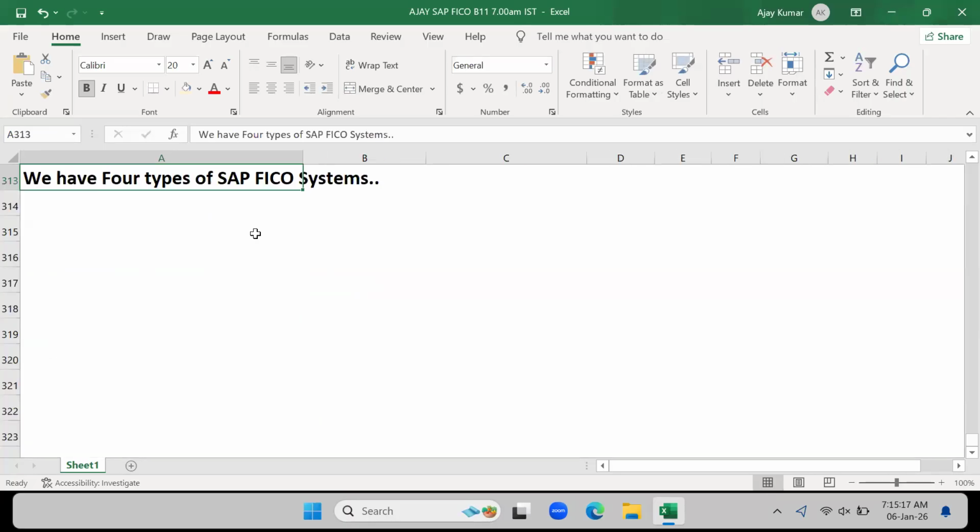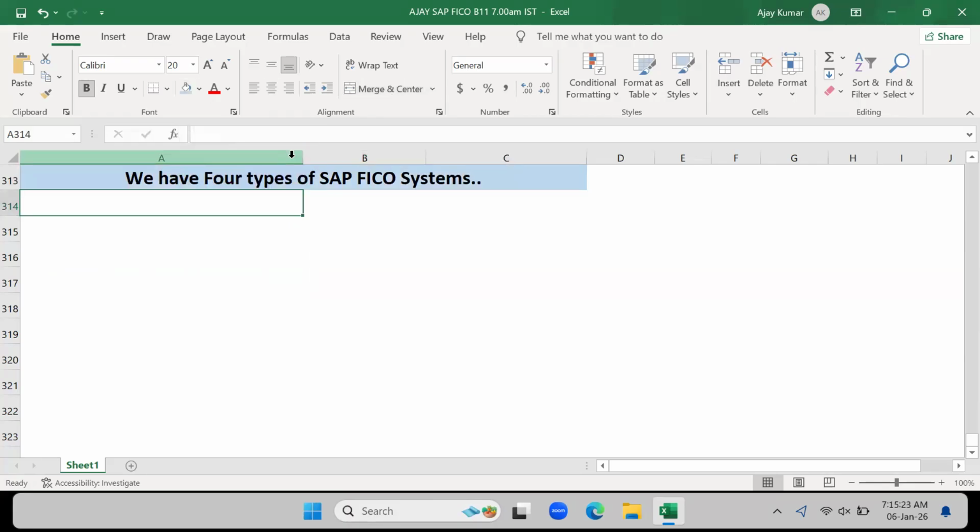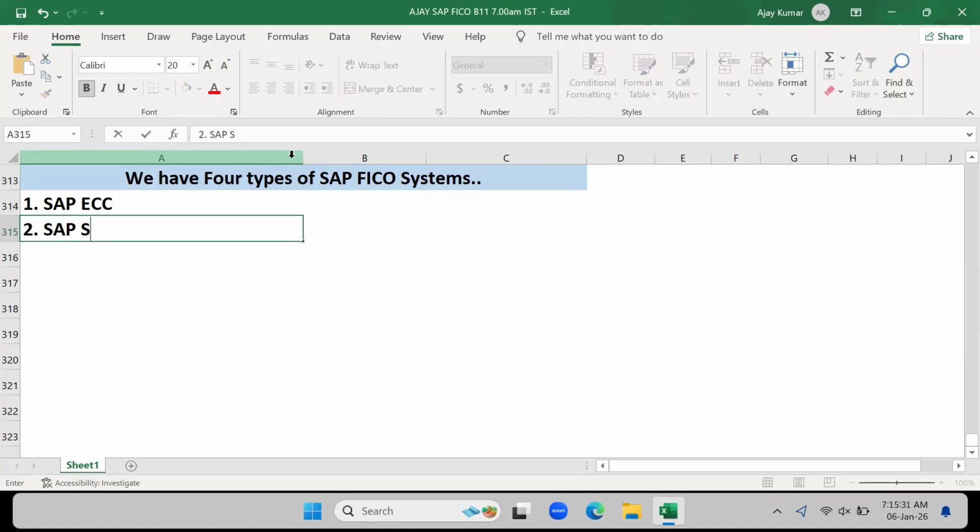How many types? Four types. First one we will put SAP ECC. Second one, SAP S4 HANA on-premise.